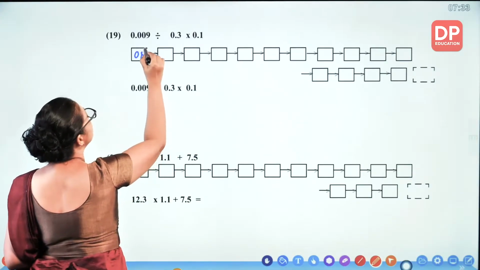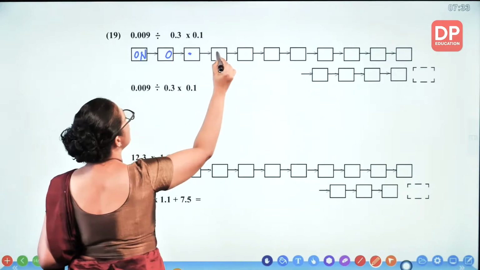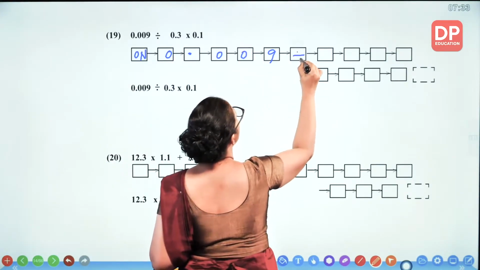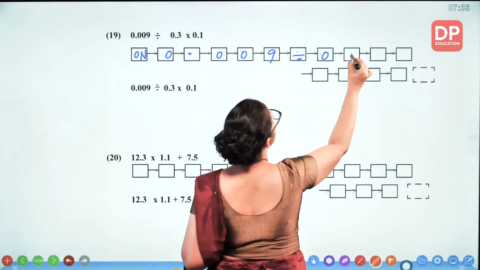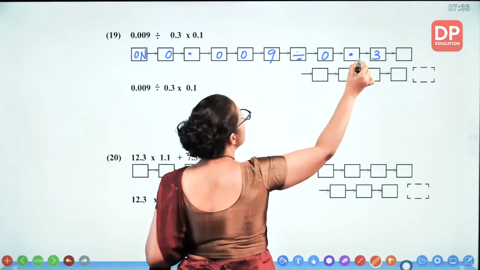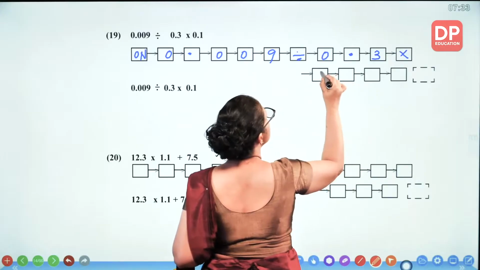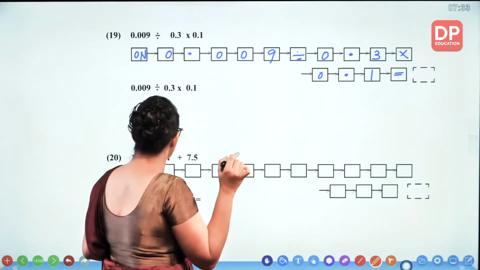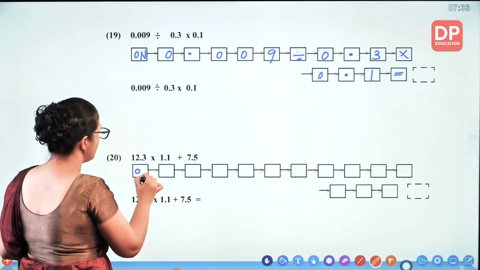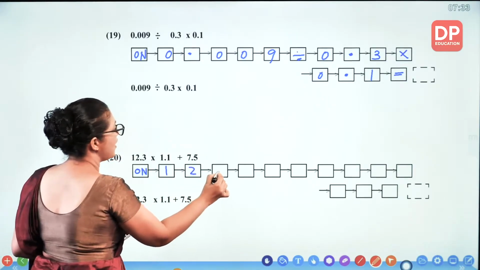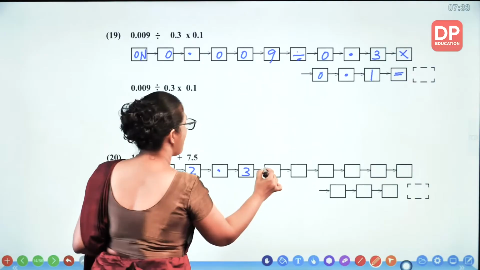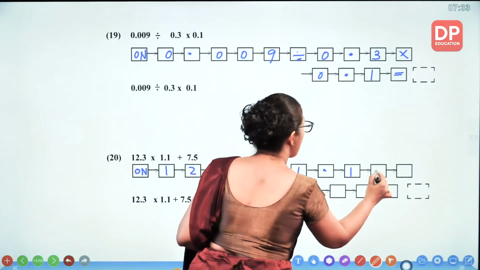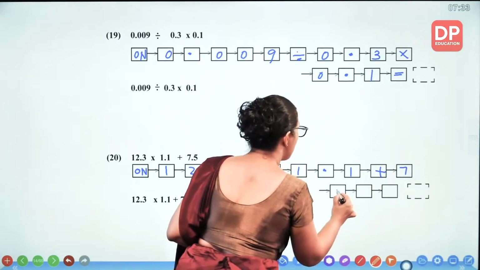So, on: 0.009 divided by 0.3 multiplied by 0.1. This one, on: 12.3 multiplied by 1.1 plus 7.5.